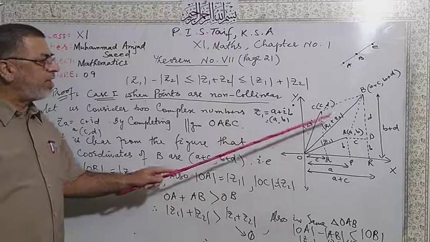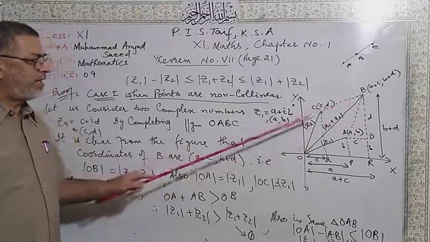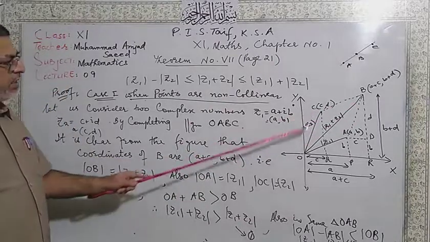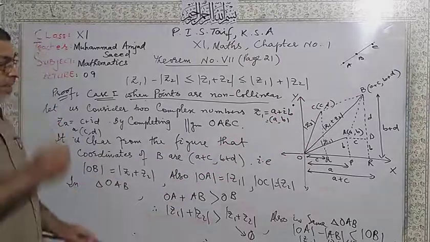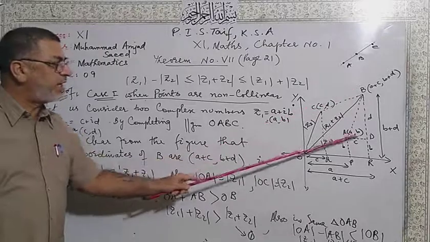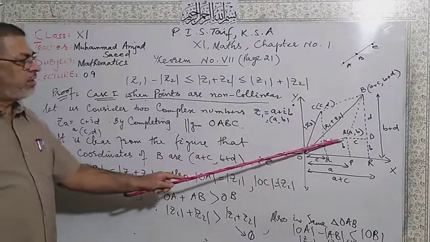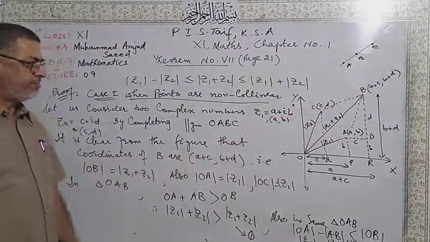They are equal in length and they are parallel also. Similarly, CB is parallel to OA. This is the completion of parallelogram OABC.